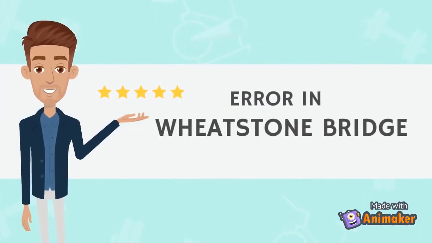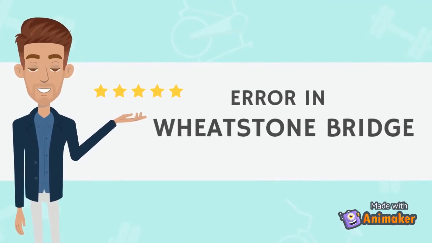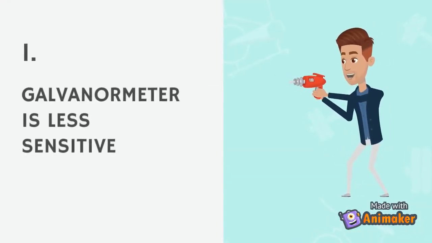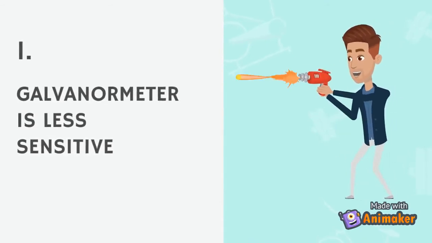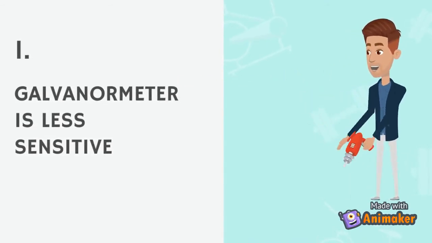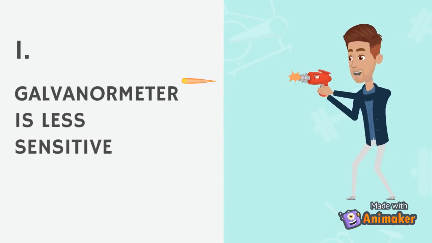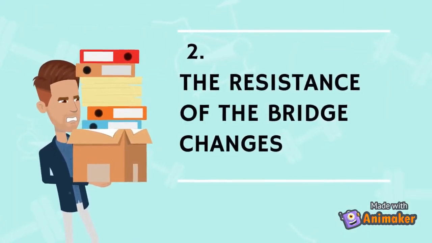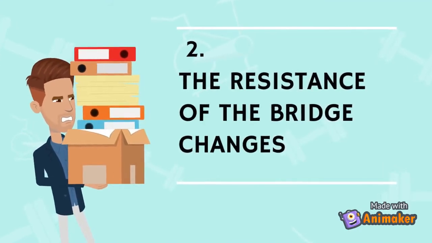Next, we will talk about common errors in Wheatstone Bridge. The first one is that the galvanometer is less sensitive, thus inaccuracy occurs in the balance point. The second error is that the resistance of the bridge changes because of self-heating, which generates an error.